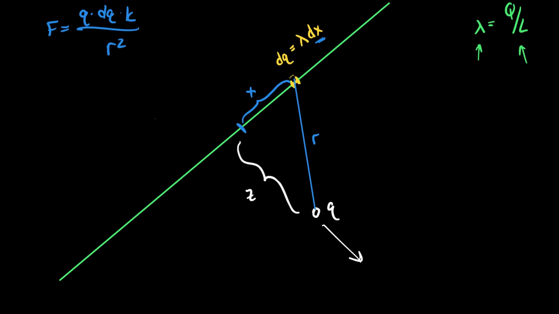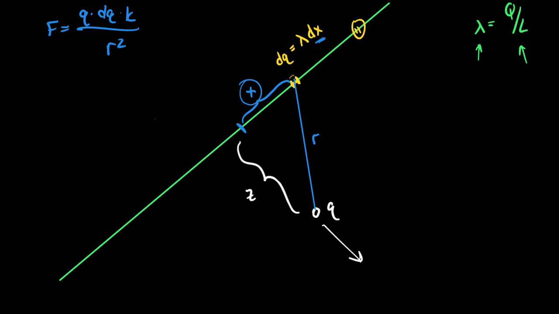So here's what I want you to think about. Can I use X as a means of pointing at each piece of charge in the bar? Could I do so? Like, is there an X that would represent every piece of charge along the length of the bar? Could I use an X to identify this piece of charge?